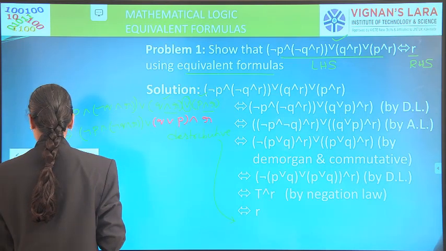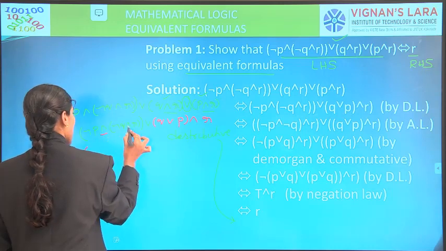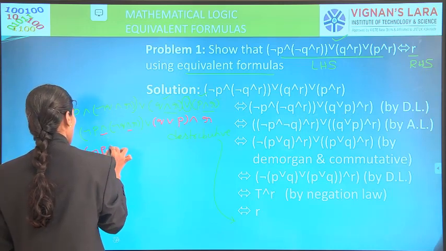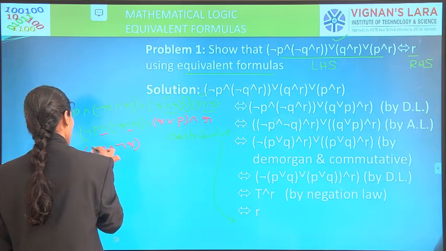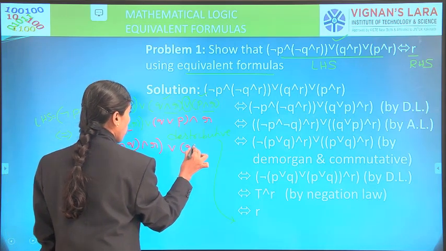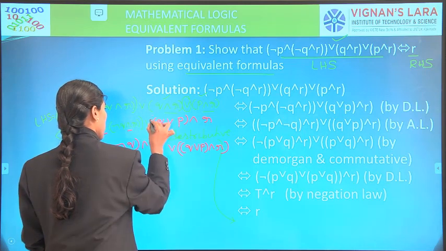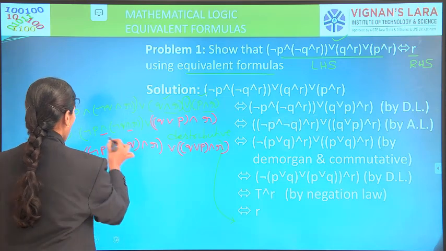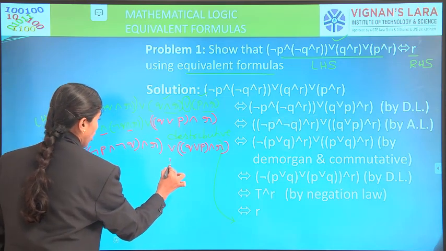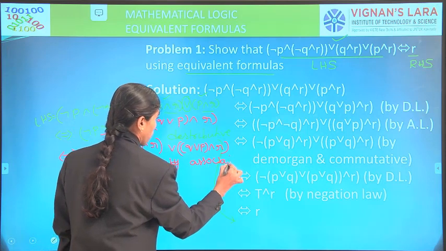Here we are applying the associative law, because these two symbols are the same: negation P and negation Q and R, and Q, R, P and R. Right? Here we are applying the associative law. So by associative law.